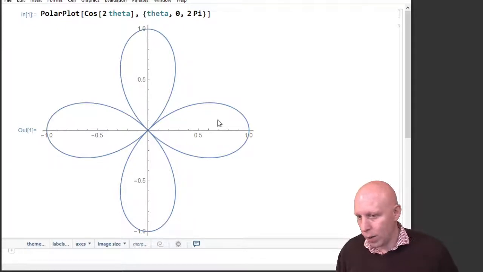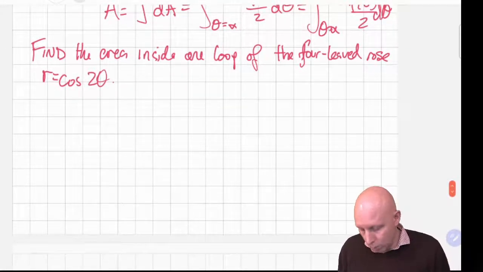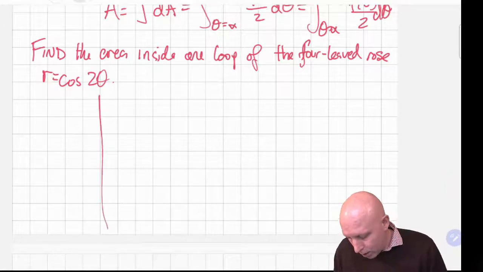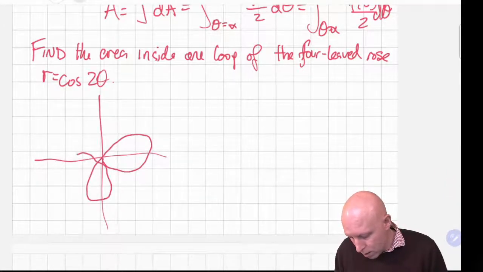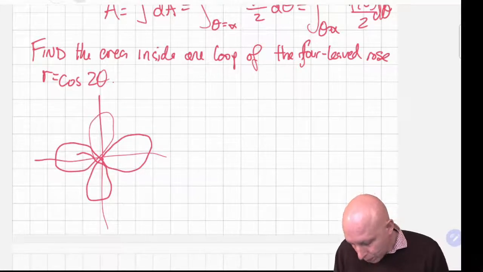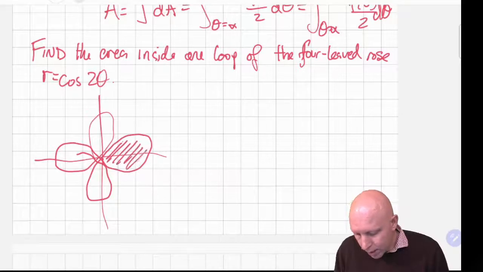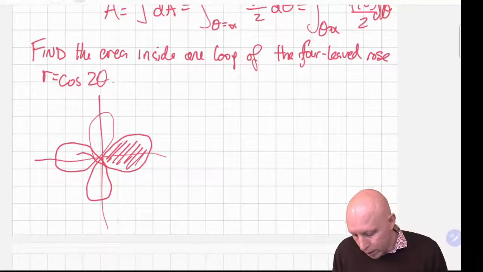Let's now go back over and draw our own picture of this so that we understand a little better. Here's our picture, and we'd like to find the area of one of these pieces. So if you think about it, what are we doing?